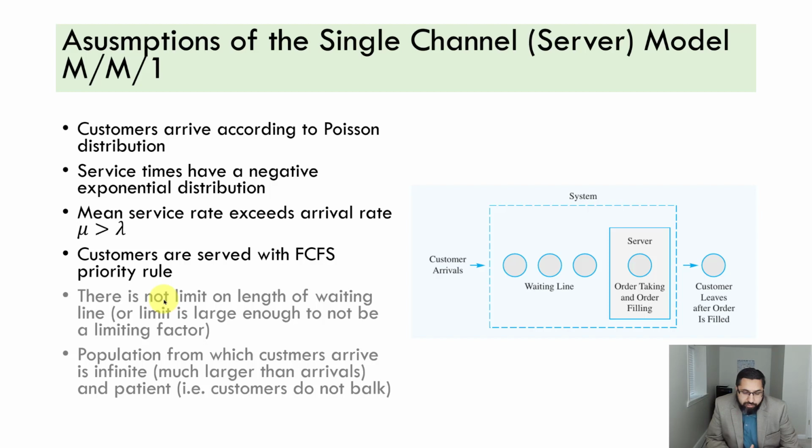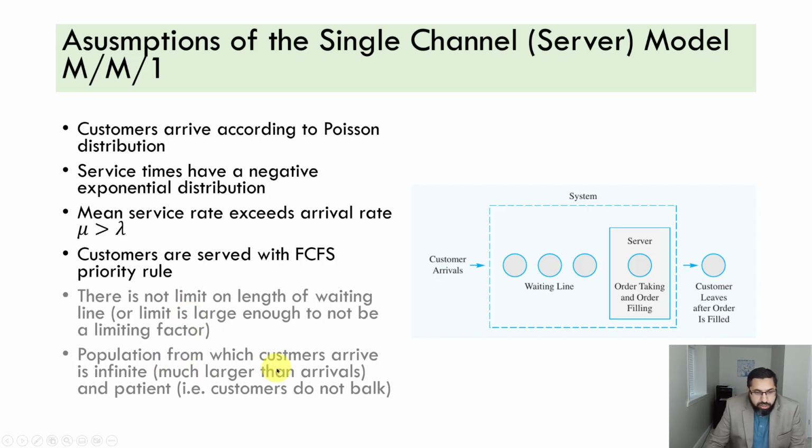How your system behaves will not be reflected accurately by the statistics. But usually for most businesses, it's rare that you don't have enough space for people to stand, although it can happen, like on Black Friday where the queue goes outside. But again, that's fine because people can wait outside, as long as there's space for them to stand. So this assumption is usually not violated.